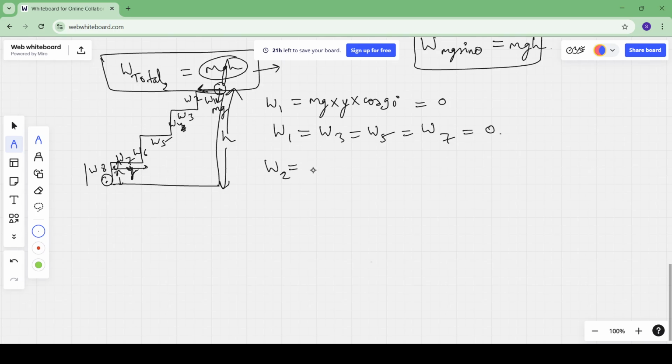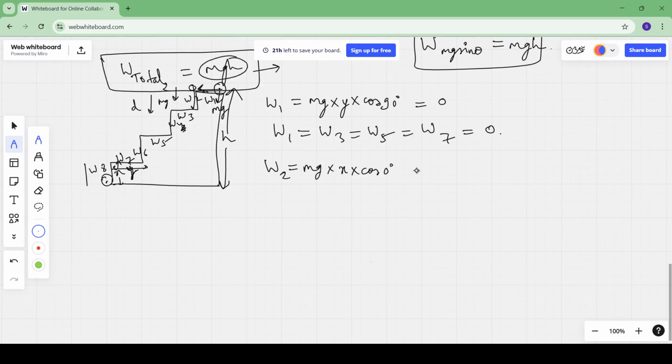Now let's talk about W2. When the ball is moving from this point to this point, it covers a distance x, and mg is there. So the force is mg and the displacement is x. mg is downwards and the displacement is also downwards, so cos 0 is there.